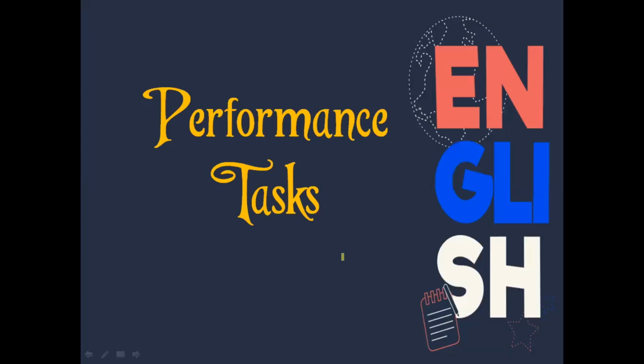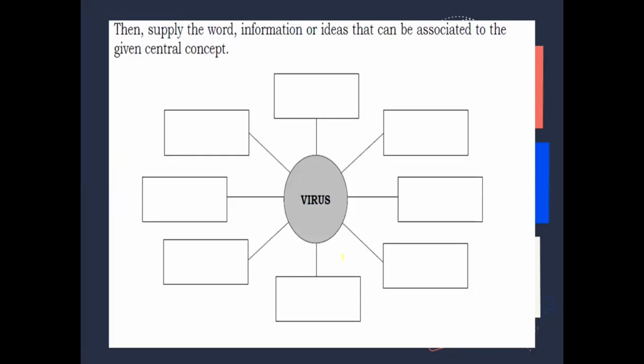Allowed. Okay, for your performance task, supply the words, information, or ideas that can be associated with this given central concept. So, when you see the word virus, what other information or ideas can you think about?